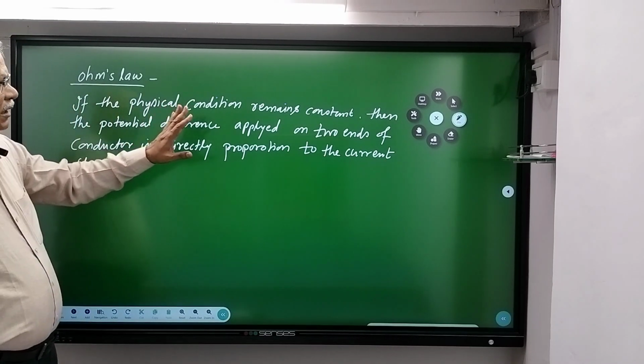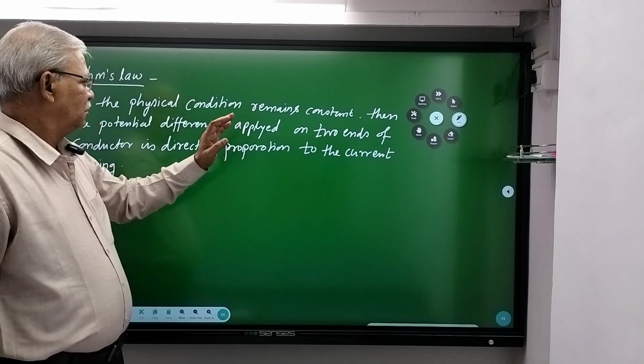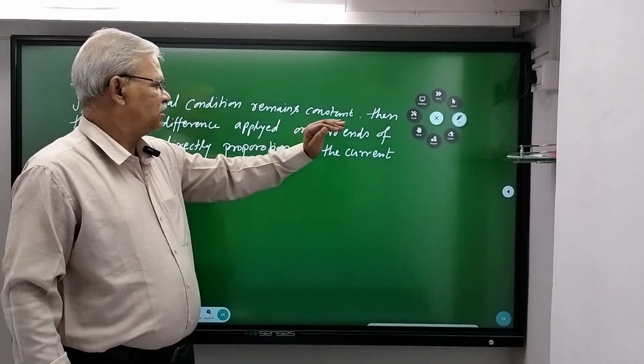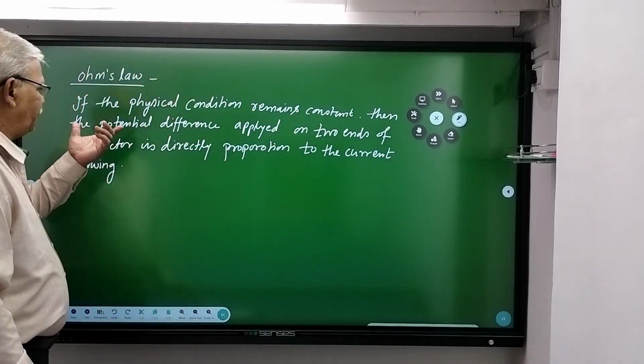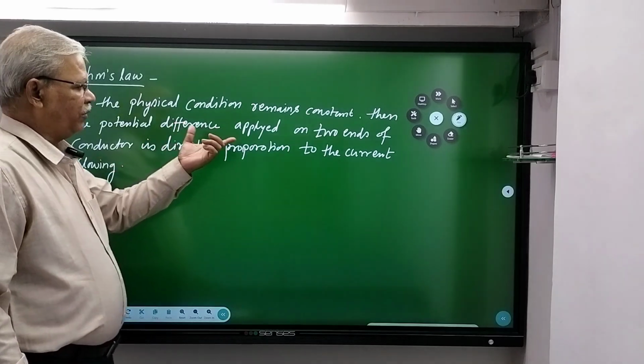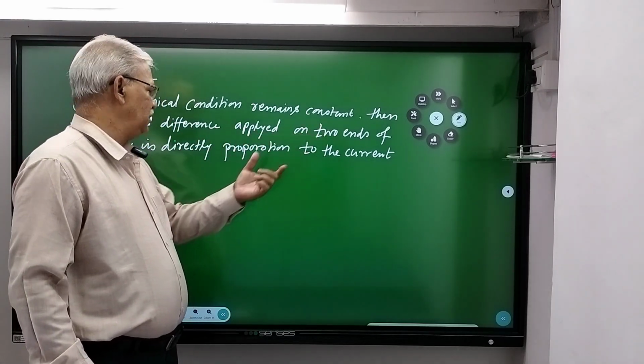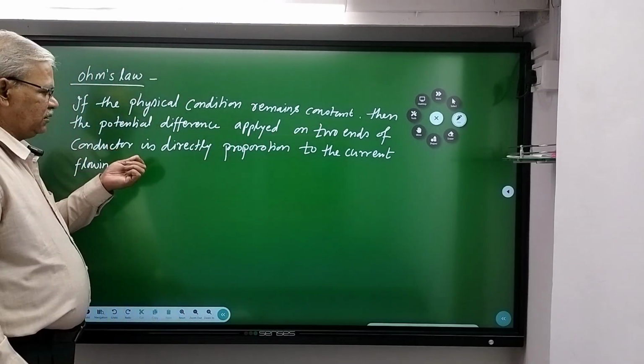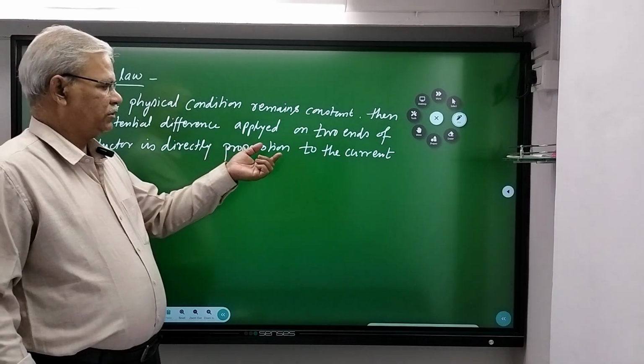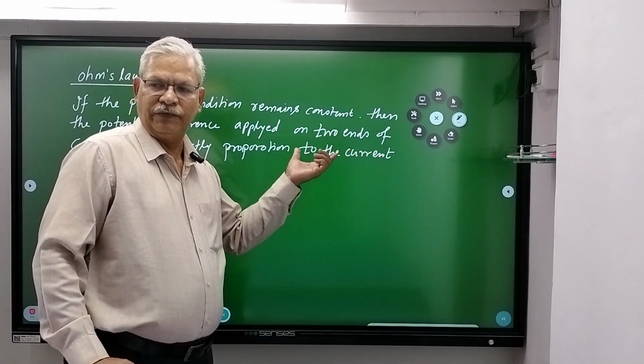If the physical condition remains constant, the potential difference applied on two units of conductor is directly proportional to the current flowing.